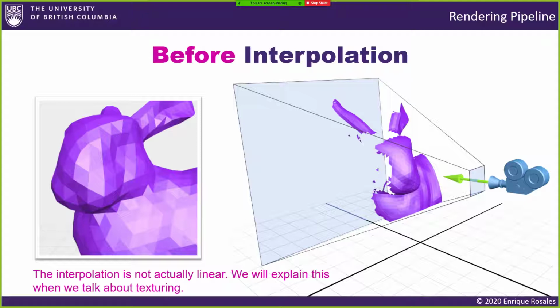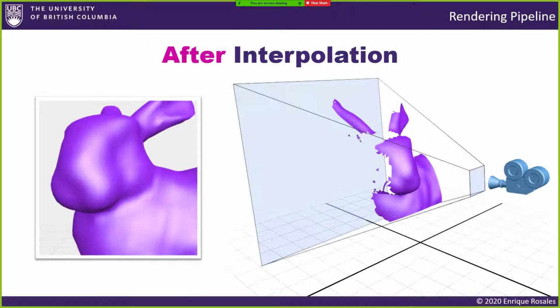We discarded with culling or clipping all the things that we didn't want, but at this time, the information is still in vertex version. After the interpolation happens, you will have something like this.